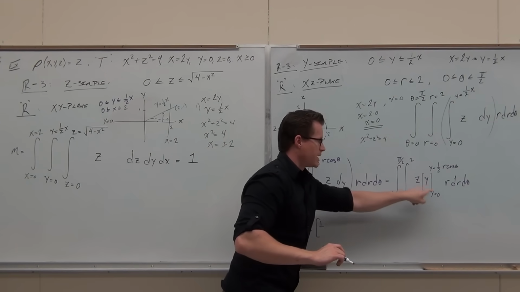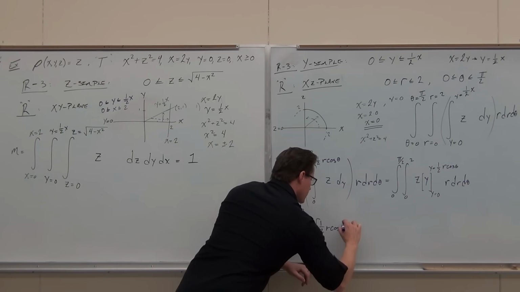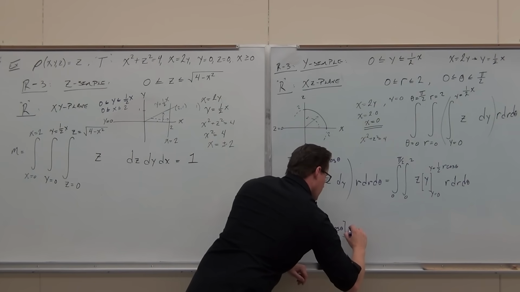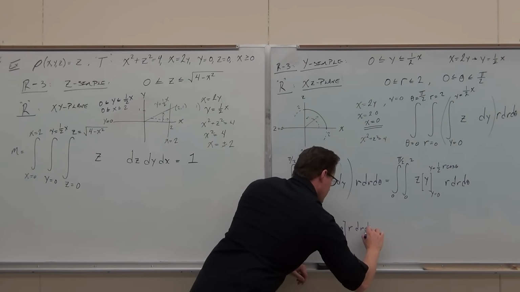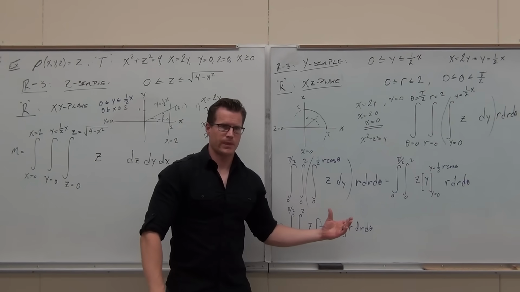Y equals this minus y equals that gives us just 1/2 r cosine theta, r dr d theta.